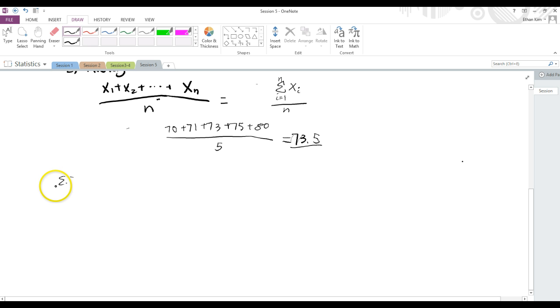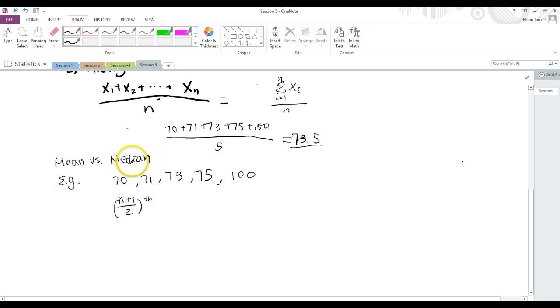For example, this is the mean versus median conversation. We have 70, 71, 73, 75, and say we got 100 on the last test. The median in this case is always the same. Median is the (n plus 1) over 2th observation.